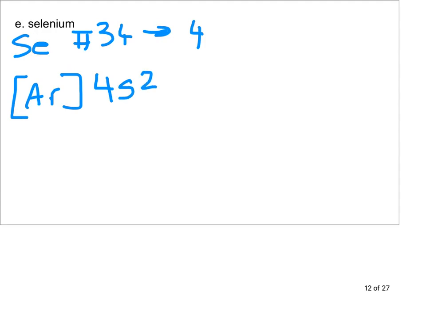And we go all the way across the D block, 3d10. And we move into the P block where we find selenium as the fourth element in there. So 4p4.